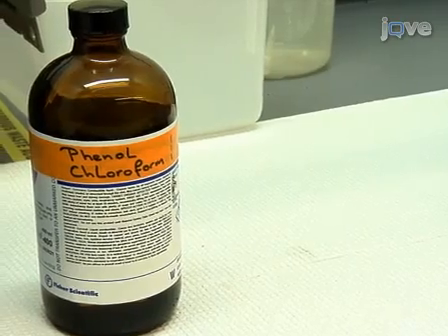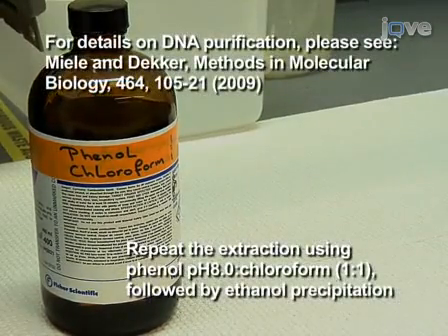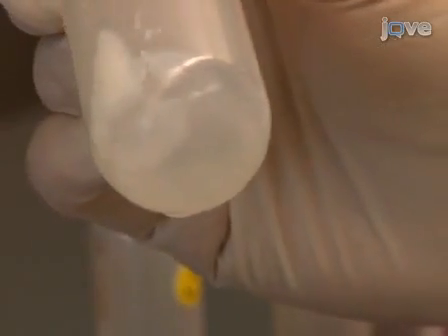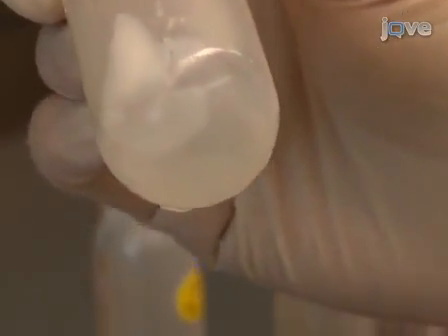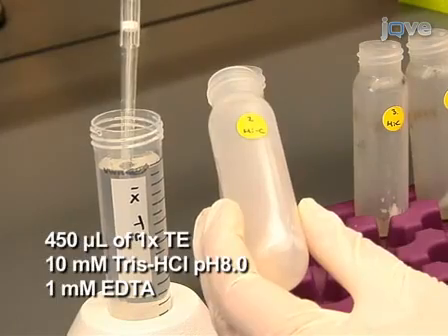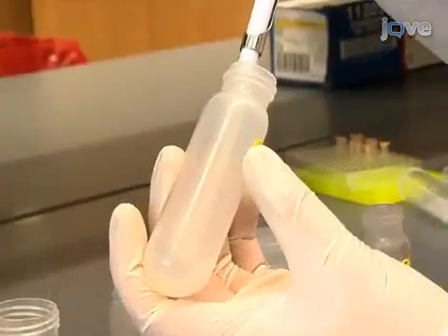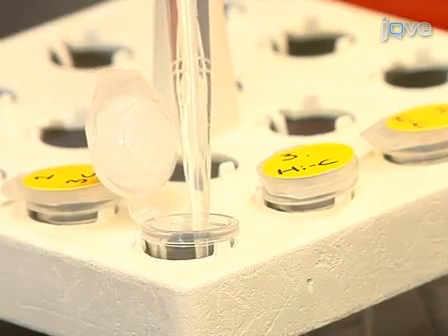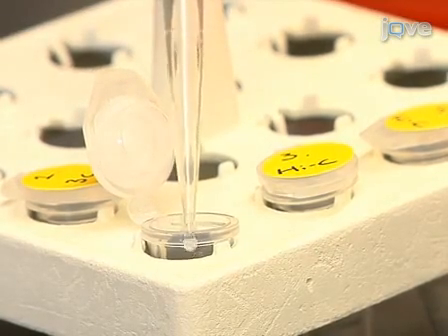Repeat the extraction using phenol chloroform and precipitate the DNA using ethanol. After centrifugation of the ethanol precipitated DNA, each DNA pellet is dissolved in 450 microliters of 1x TE buffer and transferred to a 1.7 ml centrifuge tube.